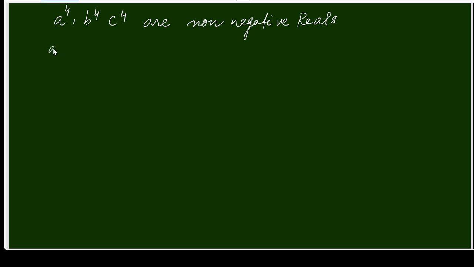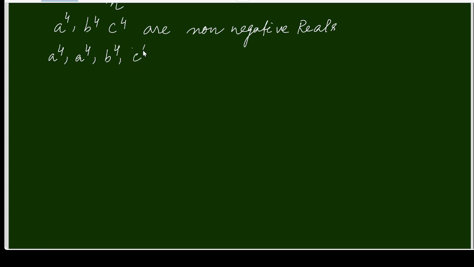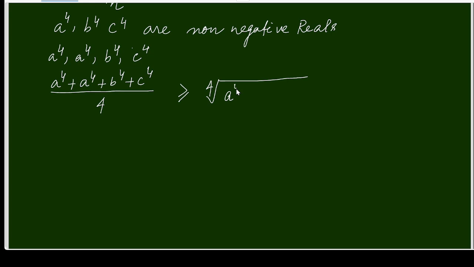First I'm taking a^4, again a^4, b^4 and c^4. Then their arithmetic mean (a^4 + a^4 + b^4 + c^4) divided by 4 is greater than or equal to the geometric mean, the fourth root of a^4 a^4 b^4 c^4. This is my inequality 1.